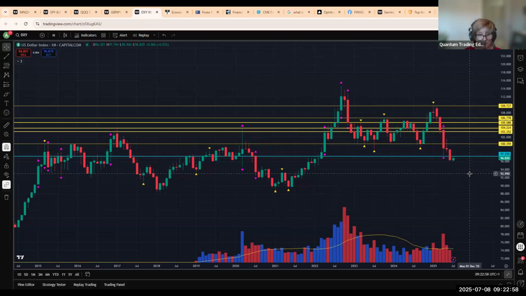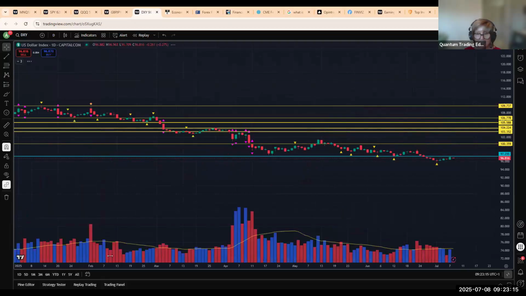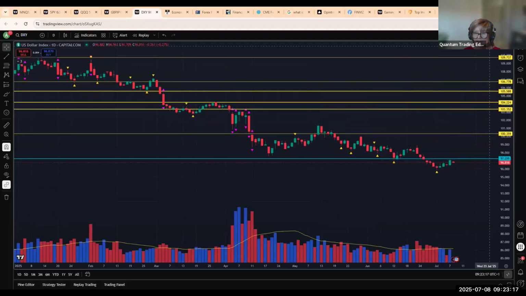That tells us there is likely to be a snapback. It's inevitable, in this market possibly much, much more so than any other market. So that is the Dixie. Keep a very close eye on it. See what's happening with the levels and how it trades.